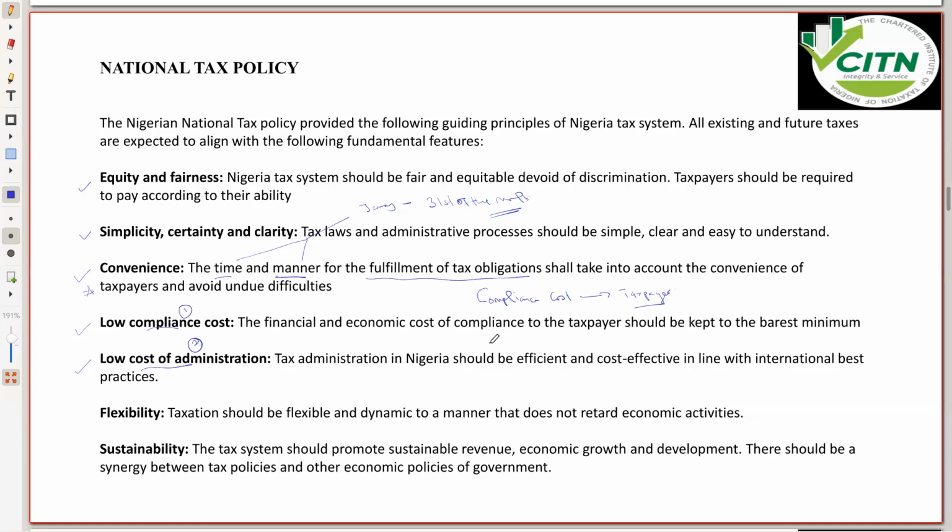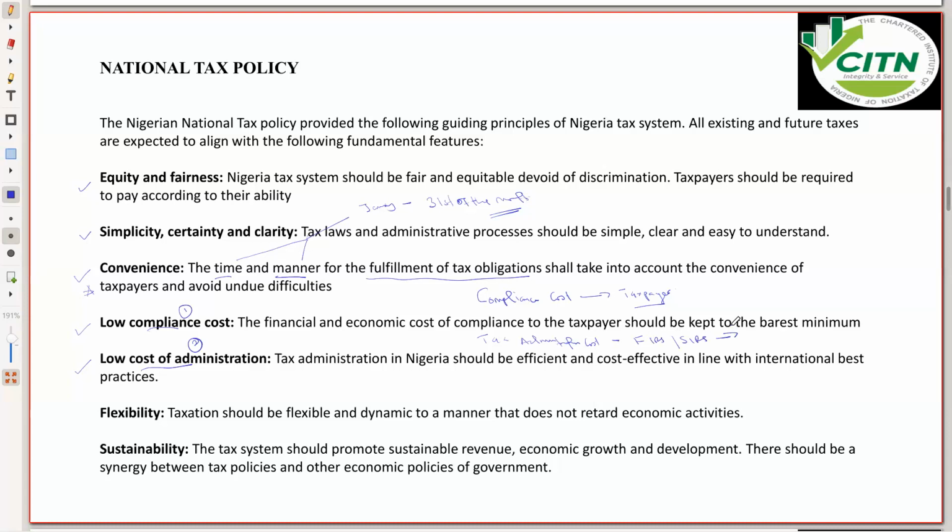When we say cost of administration, tax administrative cost, we're referring to the likes of the Federal Inland Revenue Service or the State Inland Revenue Service. What will it cost them to enforce the rule?